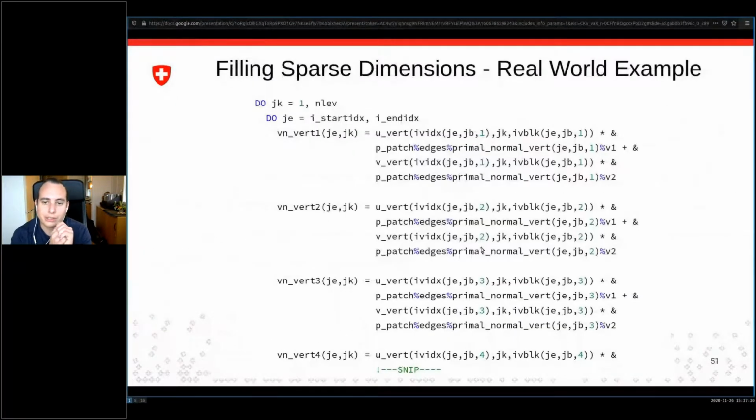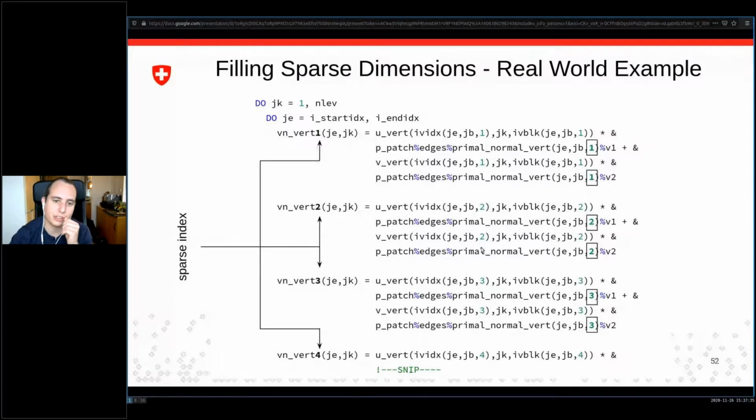Here is a real-world example lifted straight from the Icon source code, where we can see the sparse index. It's in the name here, because in this situation the developers decided to isolate this into 4 individual fields. But within Dusk, we would model this as one sparse field.